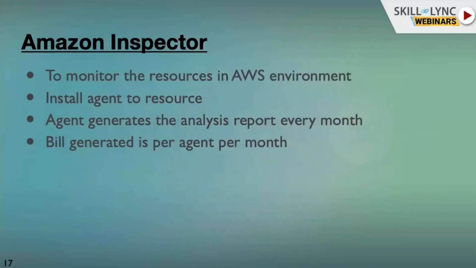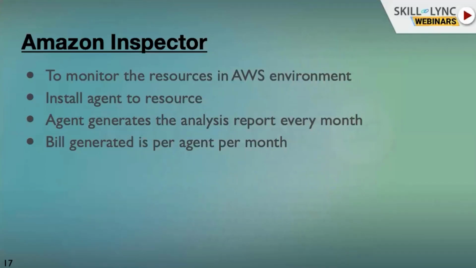Amazon Inspector. It is to monitor all the resources in the AWS environment. Say in our use case, we deployed a ticket website on an EC2 instance, with its own database. That is, we have a web server and a database. These are the resources available. And say it might have an API gateway.